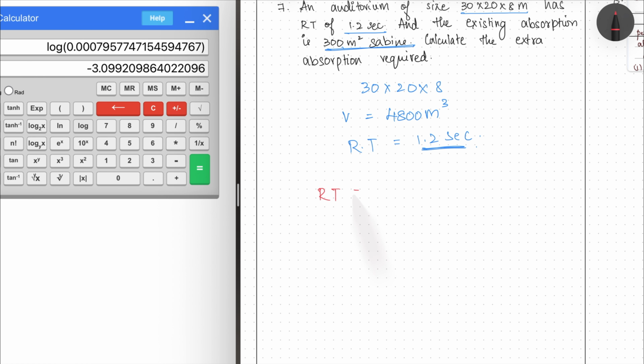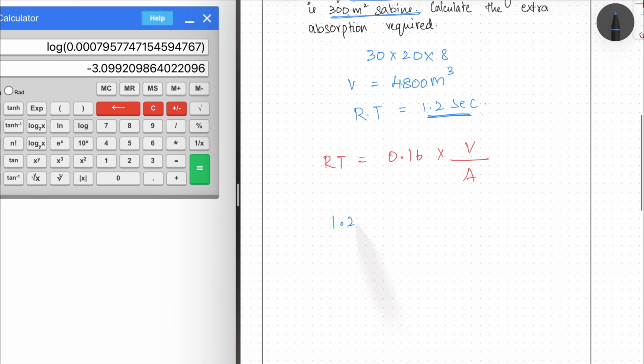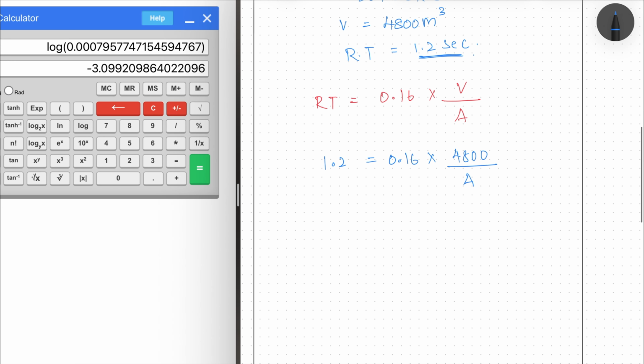RT is equal to 0.16 into V by A. RT we know is 1.2 is equal to 0.16 into V, which is 4800, divided by A. So A would be 0.16 into 4800 by 1.2. When you calculate it, you'll get 640 meter square sabine. So this is the total absorption of that room that is required.